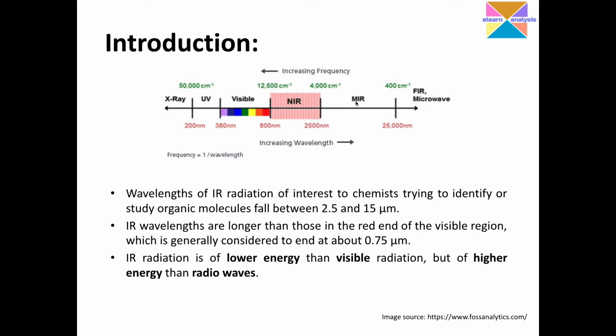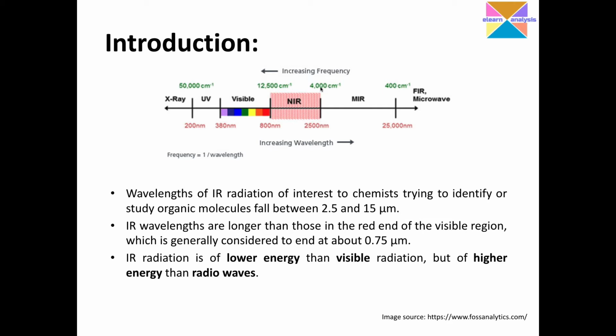This region is practically much applied. So we tend to use this MIR region for analyzing our organic or inorganic molecules, and if you convert it into wave number, this MIR region will be demarked as 4000 to 400 centimeter inverse.